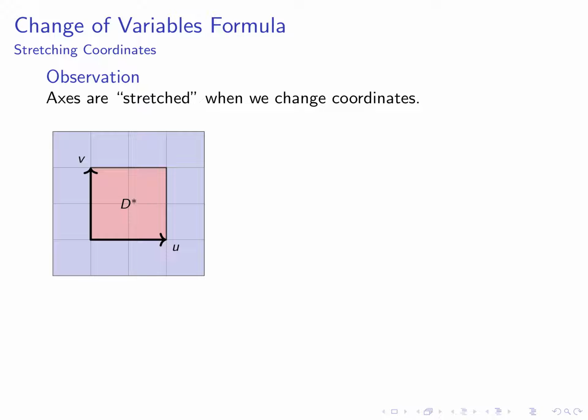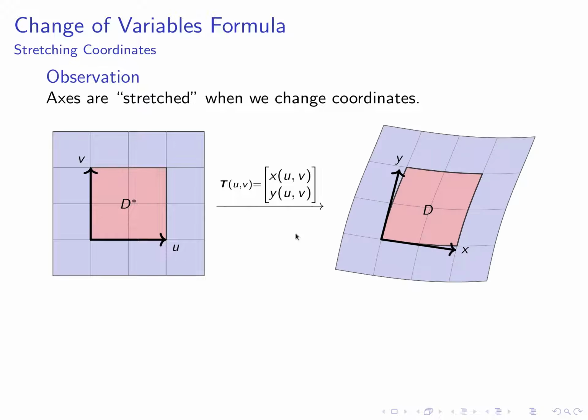So whenever we're changing variables, the archetype is something like this. We introduce new variables, maybe we can innocuously call those variables u and v for the moment, and then we use some function from R2 to R2 in this case, where the input for this function capital T are those variables u and v, and the output are the variables we start with, x and y.